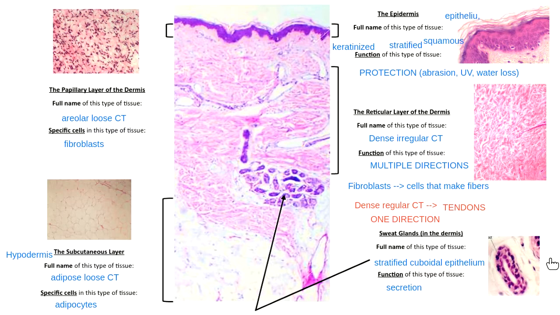So the question is, can we explain the difference between keratinized and non-keratinized stratified squamous epithelium? I can, but actually what I want to do is ask my friends here in class, what are some things that you guys know about keratinized versus non-keratinized stratified squamous? What are some of our thoughts about the difference between them?